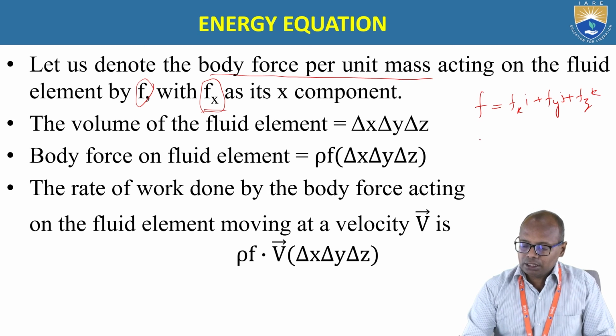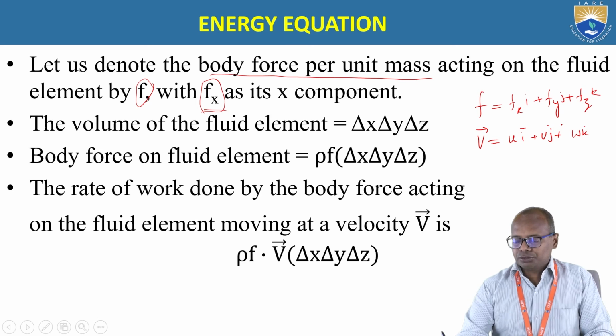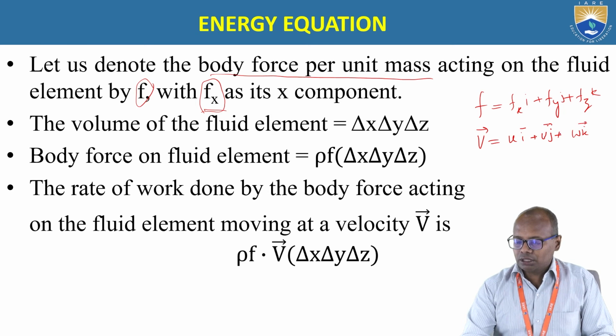What is v? We know it is a vector quantity, and it is u i plus v j plus w k. These i, j, k are unit vectors. You can write a bar here indicating it is a vector quantity.